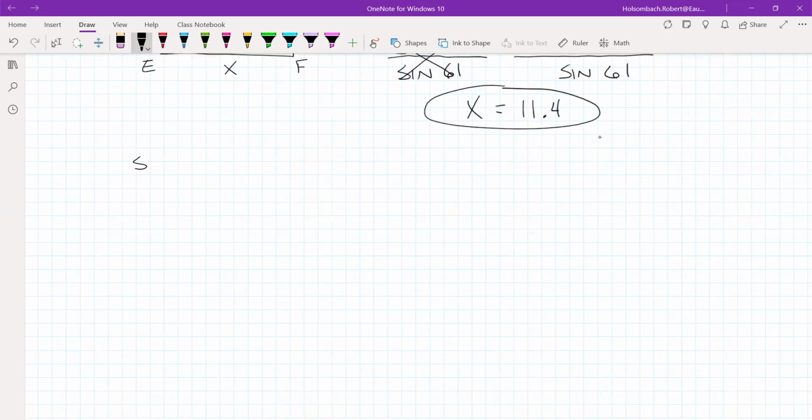Number 5. Triangle GEF again. Angle G is 45. GE is 8. We're trying to find angle F, and EF is 28.